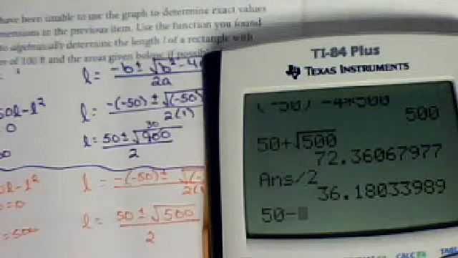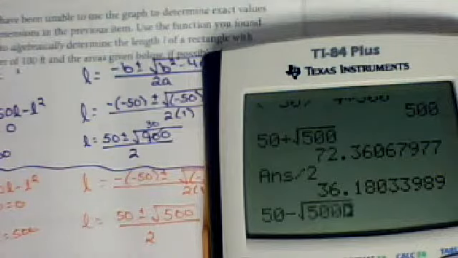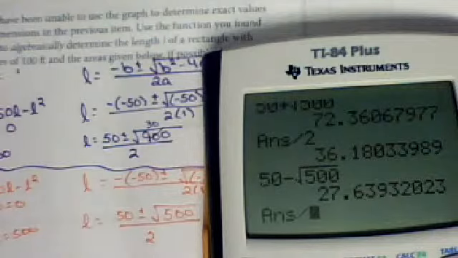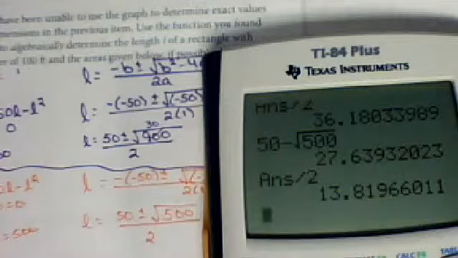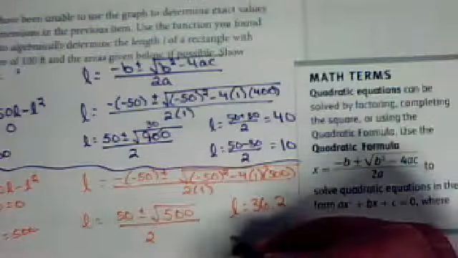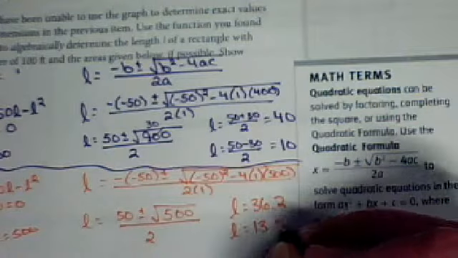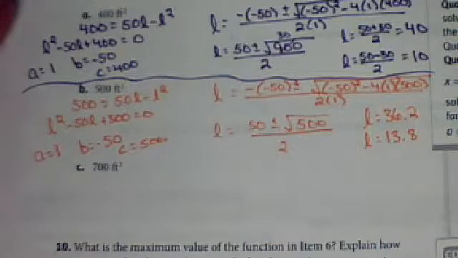The other answer is found by taking 50 minus the square root of 500 and then dividing by 2, and we get 13.8. Well, that's really close to 14, and that's close to 36, so we were pretty close on our estimates. Now let's talk about what would happen with 700 feet squared.